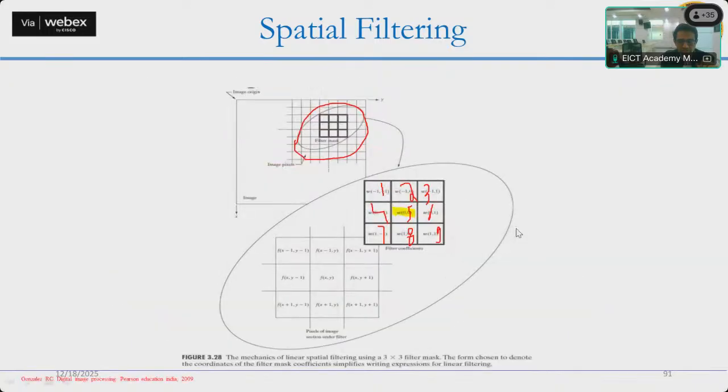For example, if I want to work upon any pixel lying here, I put the specific center pixel of the mask on that pixel of the image. Once it is put there, the other values of the mask also align with the other values in the neighborhood. So we multiply, etc., which we will see. This way the things occur, and this way the neighborhood is taken care of by the mask.